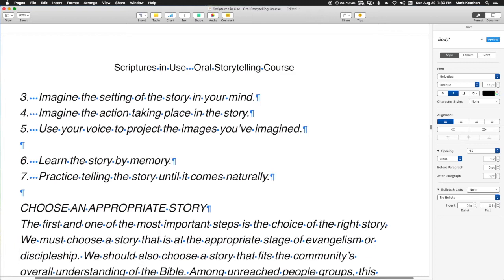And then the seventh thing, and this is the most important, the most historically accurate aspect of this whole thing right here, practice the story until it comes naturally. This is something that has been happening for thousands of years.